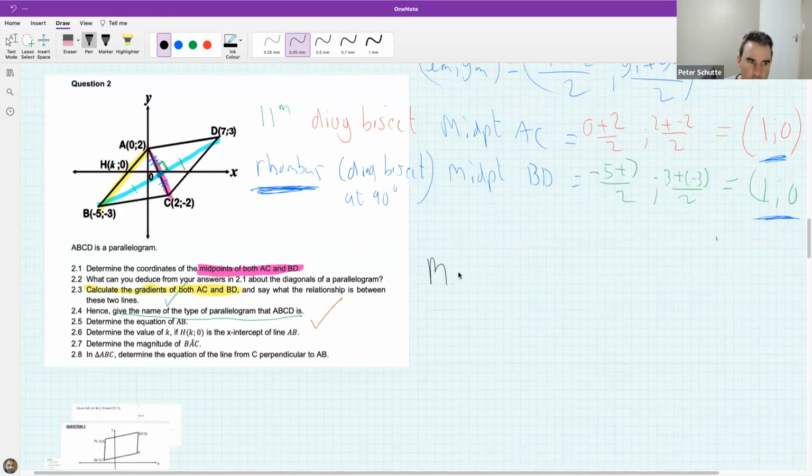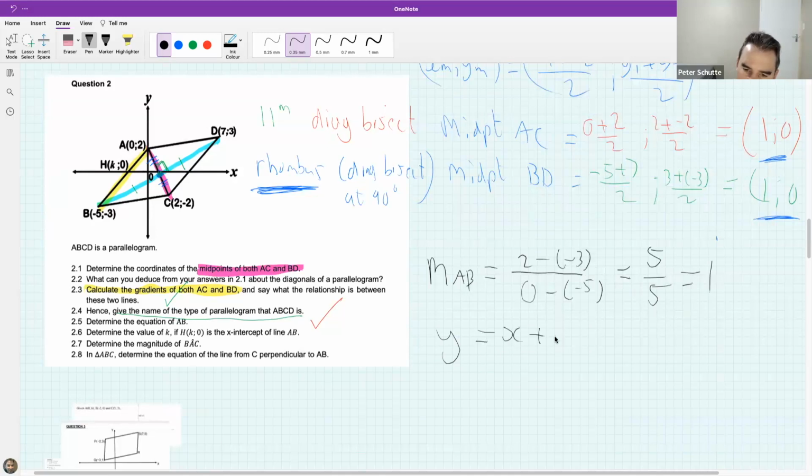So I need the gradient of AB. And now I need to use a point on the line, but the nice easy point to use is the point 0, 2.